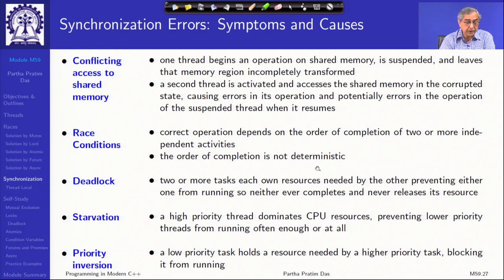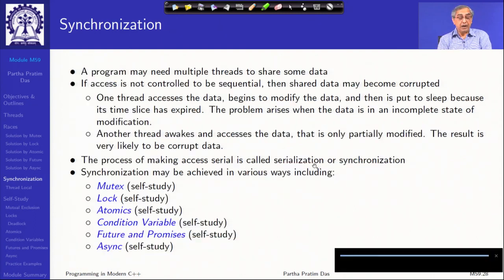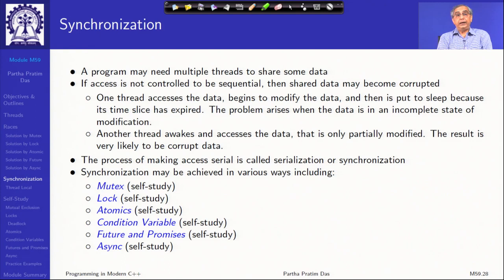So, a variety of such synchronization errors are possible, and this happens because in a multi-threaded program you need to share data, right. Certain accesses which need to be controlled to be sequential must be done so through synchronization.